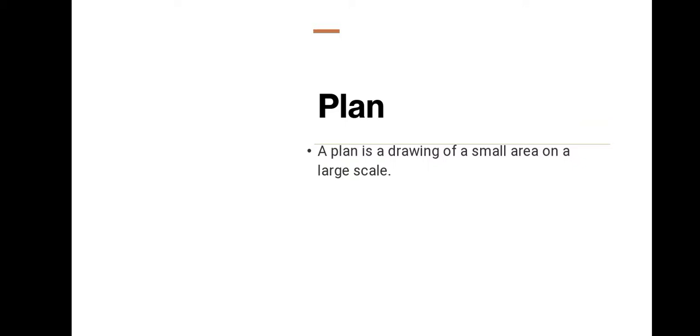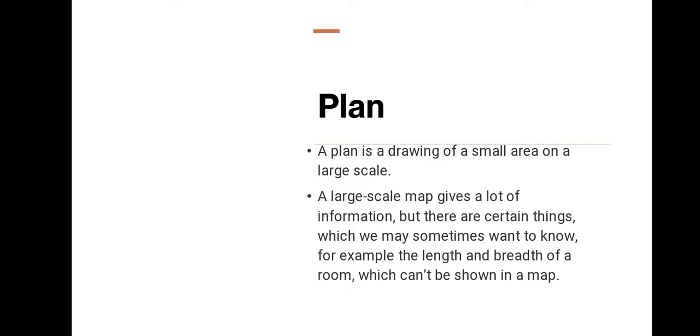Now, plan. A plan is a drawing of a small area on a large scale. A large scale map gives a lot of information, but there are certain things which we may sometimes want to know.